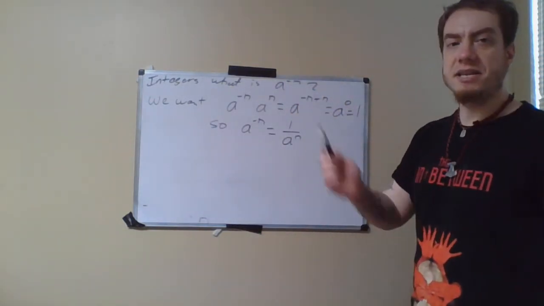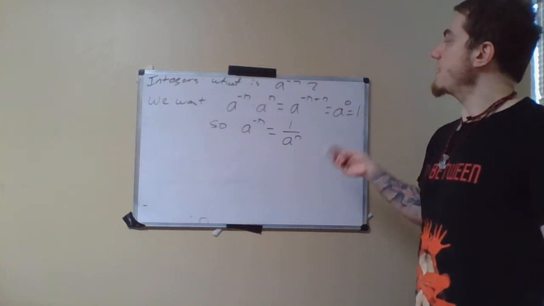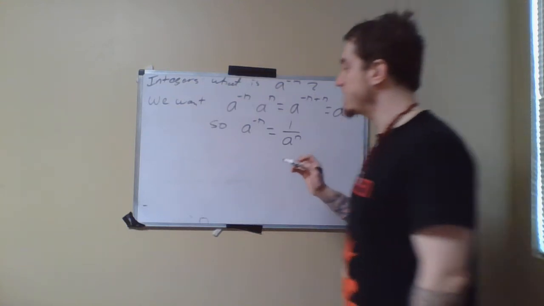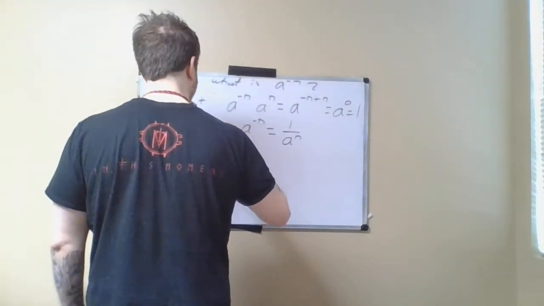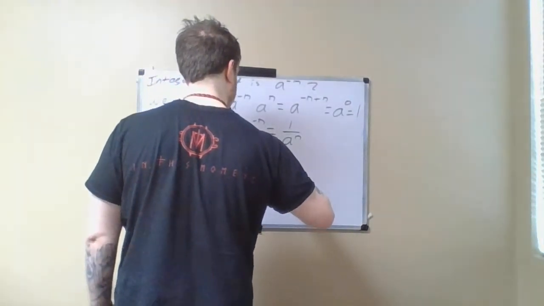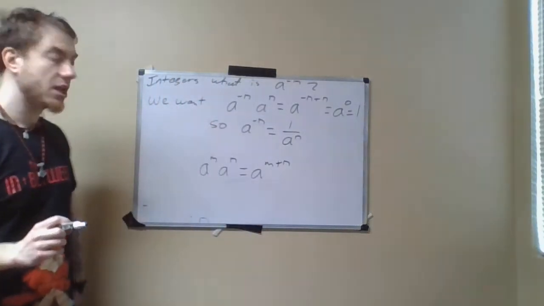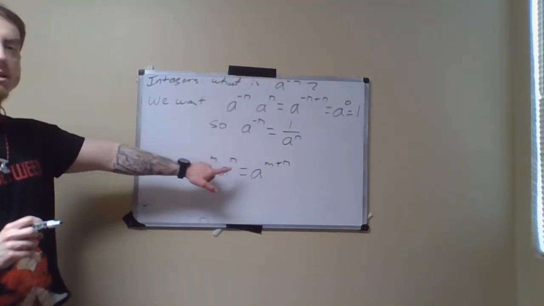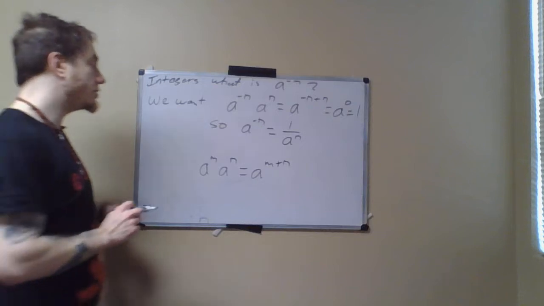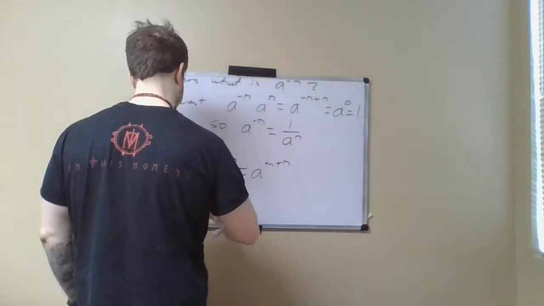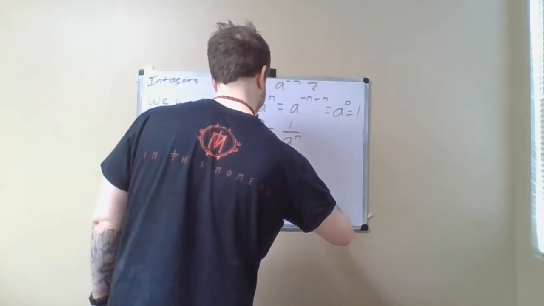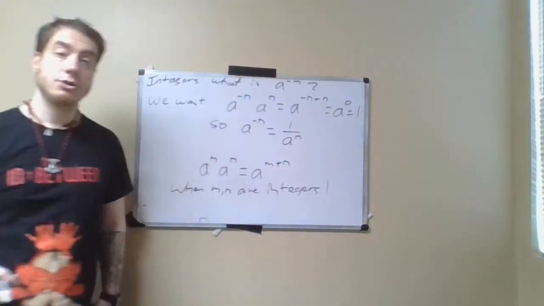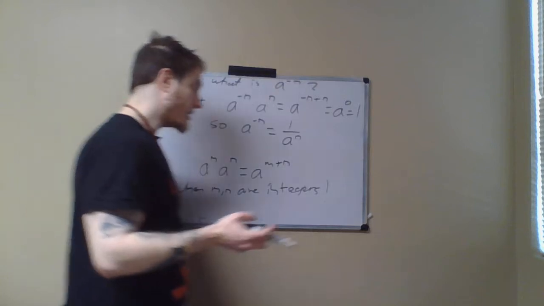And notice, to get this for the integers, the only property I needed was that I want to preserve the idea that multiplication becomes addition. So we now know that multiplication becomes addition for any integers. So that's excellent. We have that.